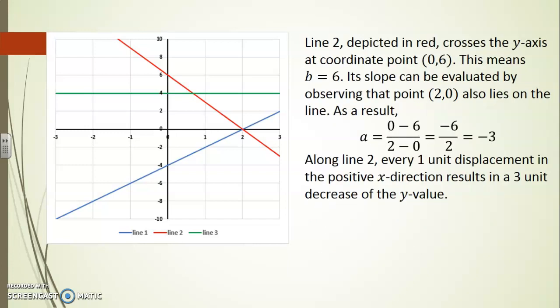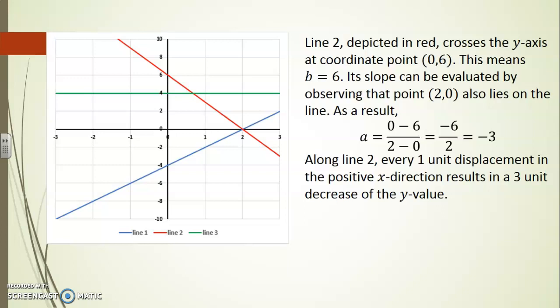Line 2, depicted in red, crosses the y-axis at coordinate point 0, 6. This means the parameter b is equal to 6. Its slope can be evaluated by observing that point 2, 0 also lies on the line. The slope is then calculated by evaluating the change in y over the change in x using the 2 points 0, 6 and 2, 0, and the ratio comes out to minus 3.